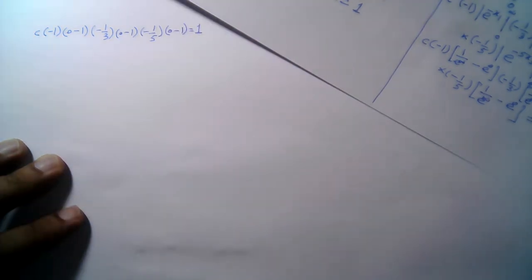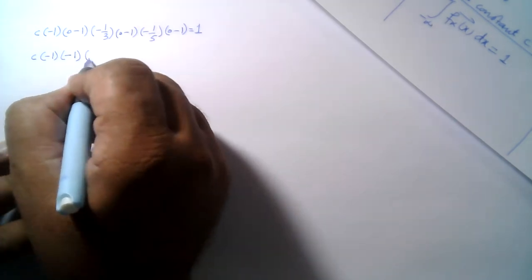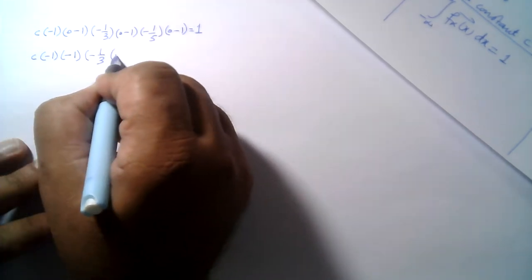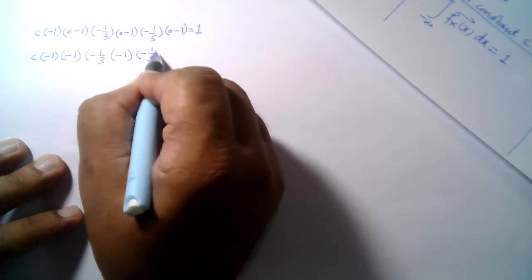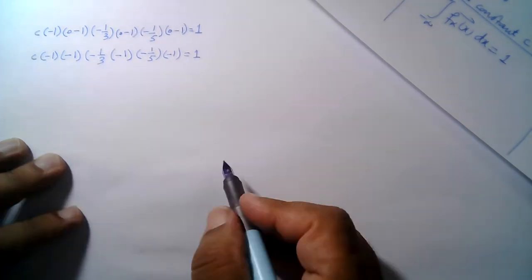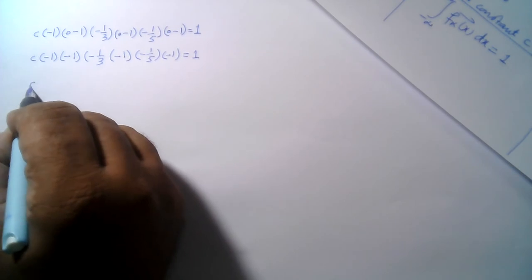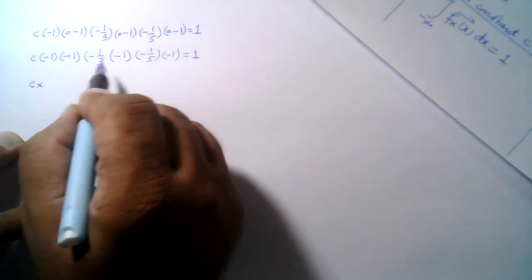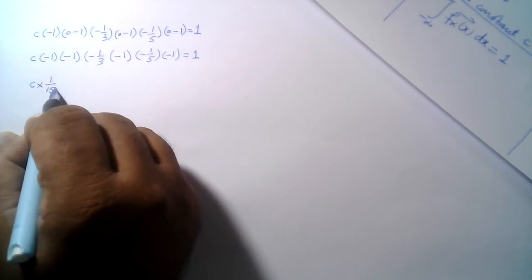So this can be simplified as c into minus 1. This is again 0 minus 1 is minus 1, minus 1 over 3. This is 0 minus 1 is minus 1. This is minus 1 over 5, and this is minus 1, and this is equal to 1. So this is basically c multiplied by 1 over 3 into 1 over 5. This should be 1 over 15.